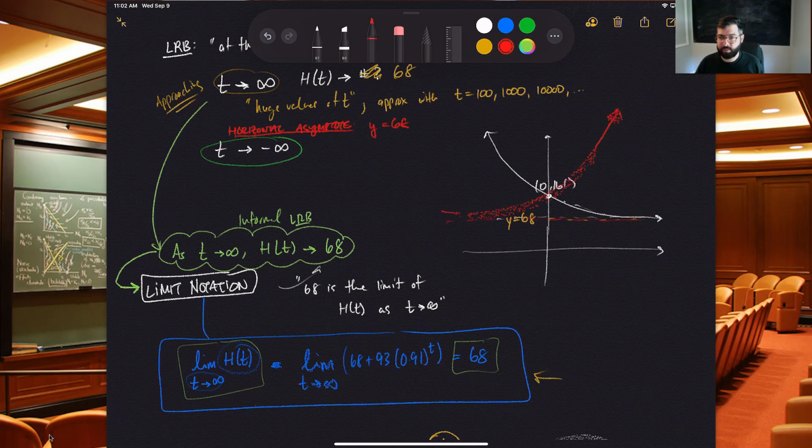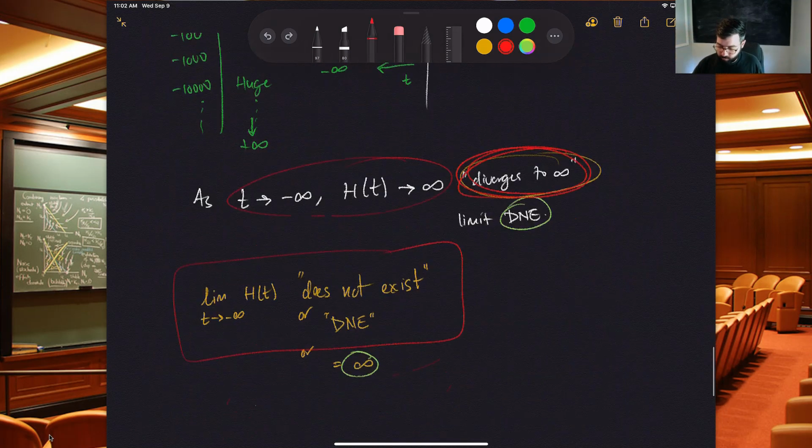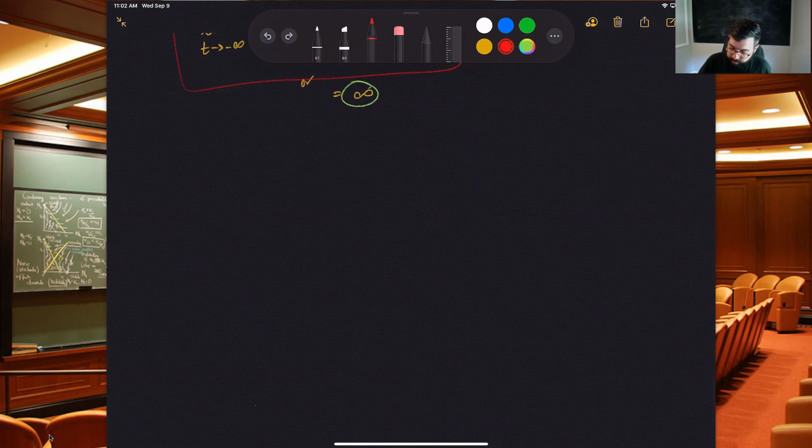We see that for exponential growth functions, it would be as t approaches negative infinity, this would approach 68, if that were the function, right? So where this vertical shift affects the long-run behavior depends on the short-run things like A, B, and K. So let's make some kind of general statements here.